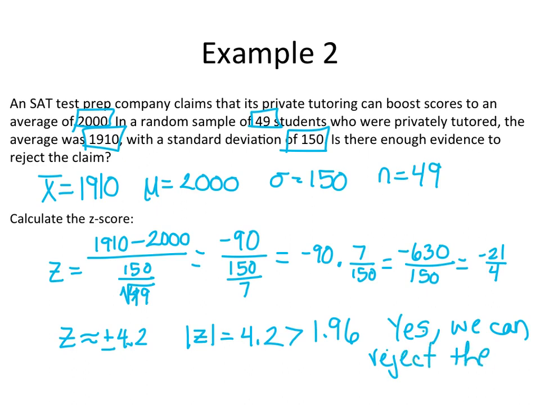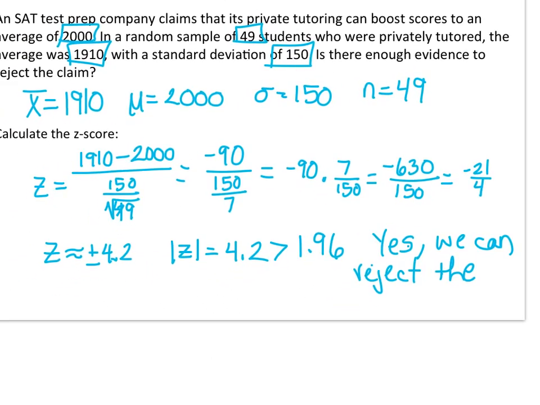So just remember, with z-score we'll always be talking about it in terms of plus or minus, but when determining if we are going to reject a claim, we will always use the absolute value of whatever the z-score is.